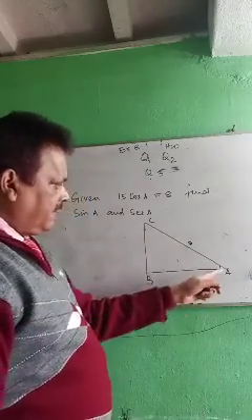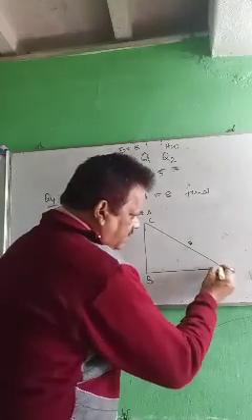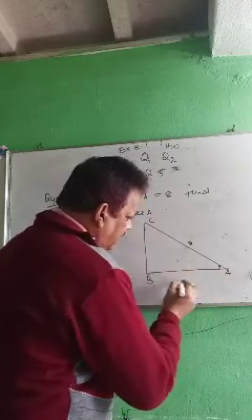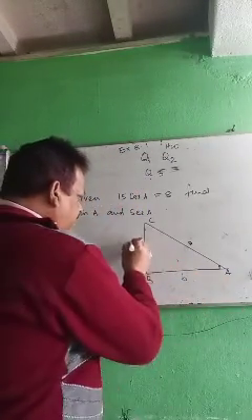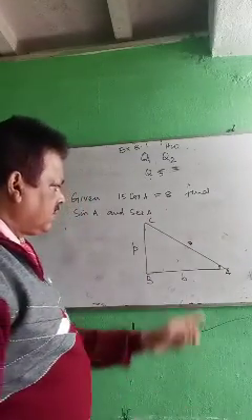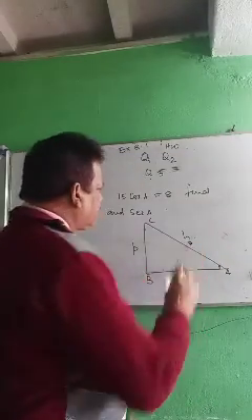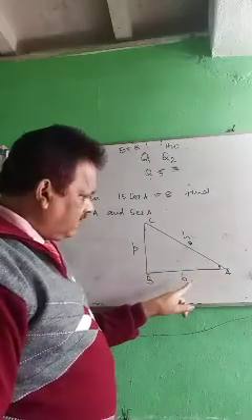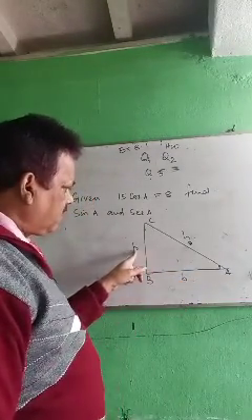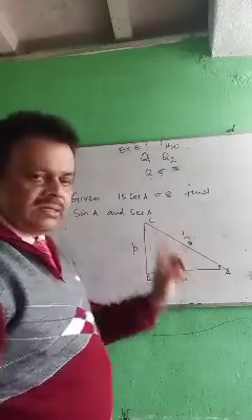Now what I'll do is, A angle means this is our base B. A का opposite is perpendicular. This is your hypotenuse. So which angle are you taking? A angle. If this is A angle, this is your base, this is perpendicular, opposite, and this is your hypotenuse.